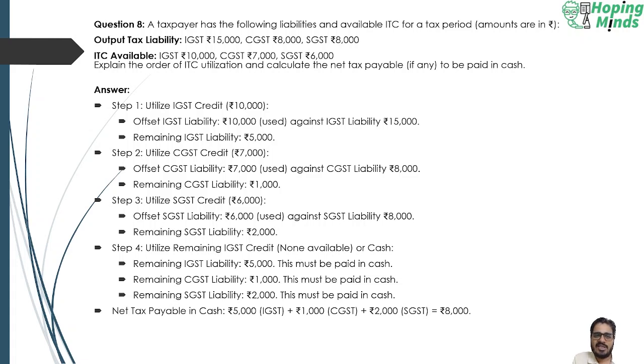Remaining CGST liability is rupees 1,000, this also has to be paid in cash, and the SGST liability of rupees 2,000 will also be paid in cash. So the net tax payable in cash comes to rupees 5,000 under IGST, 1,000 under CGST and 2,000 under SGST, totaling rupees 8,000. To pay off this output liability, the taxpayer must generate a challan and pay using the available options.